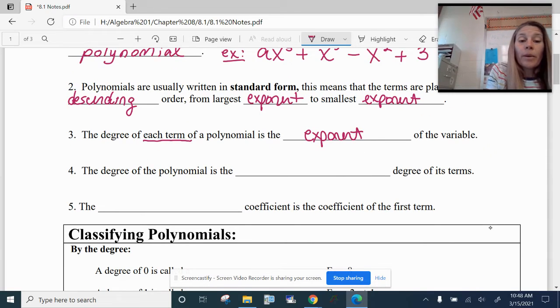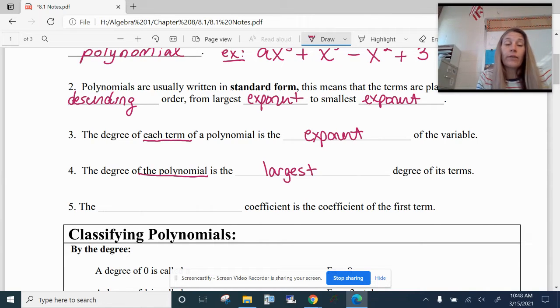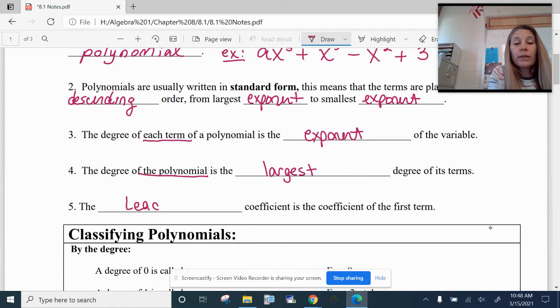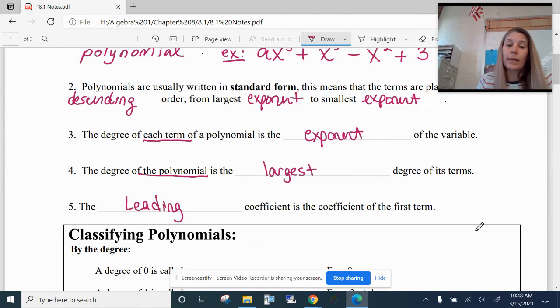The degree of the polynomial is the largest degree of all of the terms. And the lead coefficient is the coefficient of the first term when it's in standard form.